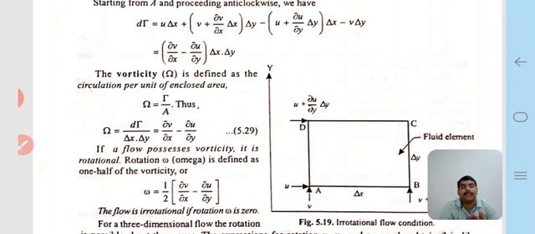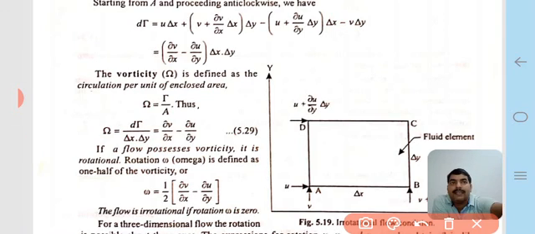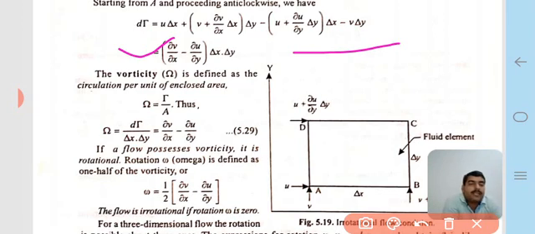Starting from a point and proceeding anti-clockwise, we have d chi equal to u delta x plus (v plus del v upon del x delta x) delta y minus (u plus del u upon del y delta y) delta x minus v delta y. Solving the above equation, we get (del v upon del x minus del u upon del y) delta x delta y.